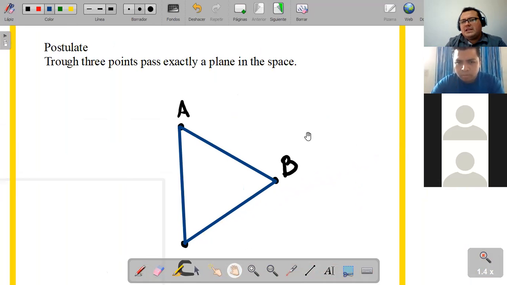Do you think we live in a 3-dimension world? Or do we live in a 4-dimension world? Realmente vivimos en un espacio cuatridimensional, si no lo han analizado. Somos seres tridimensionales, pero vivimos en un espacio cuadridimensional. ¿Cuál es esa cuarta dimensión?